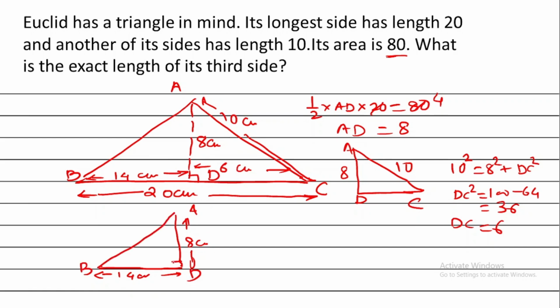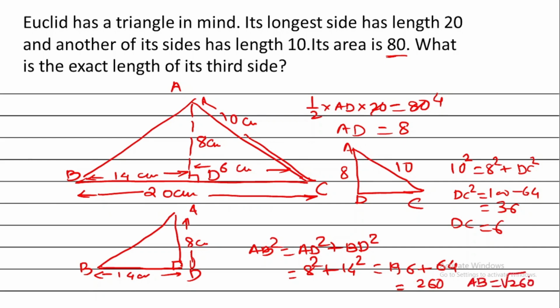So from the Pythagoras theorem, I can say AB squared will be AD squared plus BD squared, which comes out to be 8 squared plus 14 squared, and 14 squared is nothing but 196, and 8 squared is nothing but 64. Summing this up, we get 260, and my AB will be root over 260, and this will be my answer.